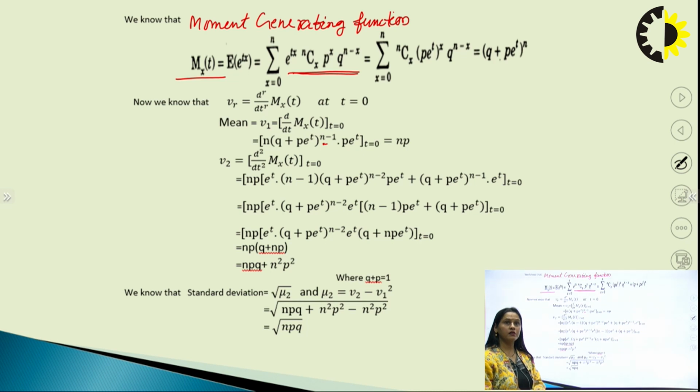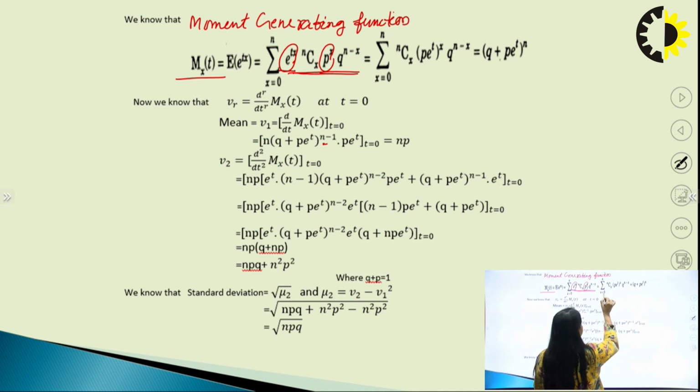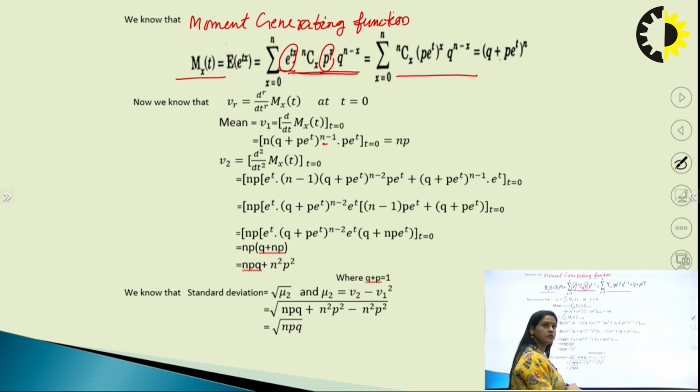Now what I have done, I have taken together the terms which have power x. Here there are two terms, one is e to the power tx and another one is p to the power x. We have taken them together and we got summation nCx (p e to the power t) to the power x into q to the power n minus x.